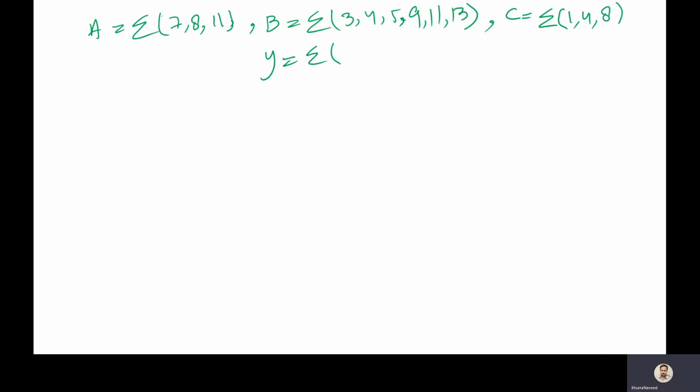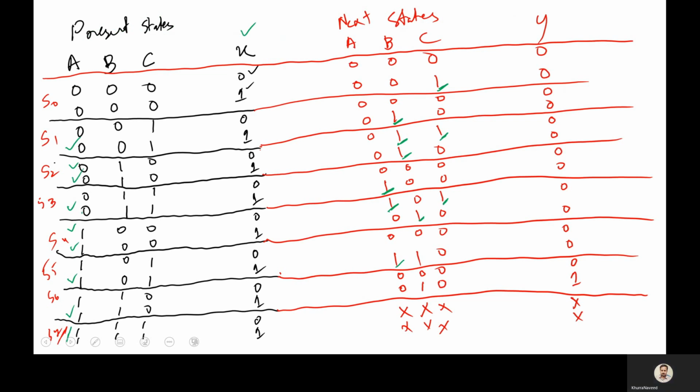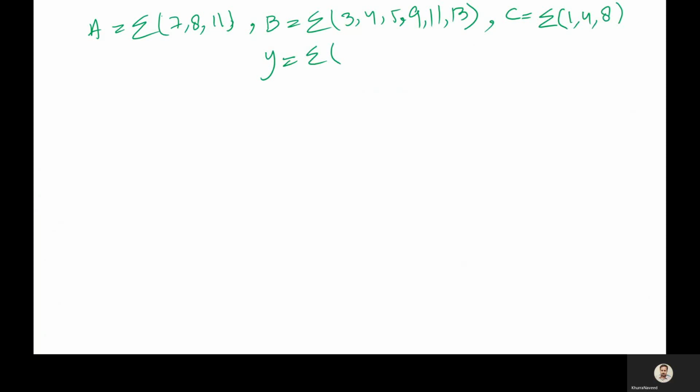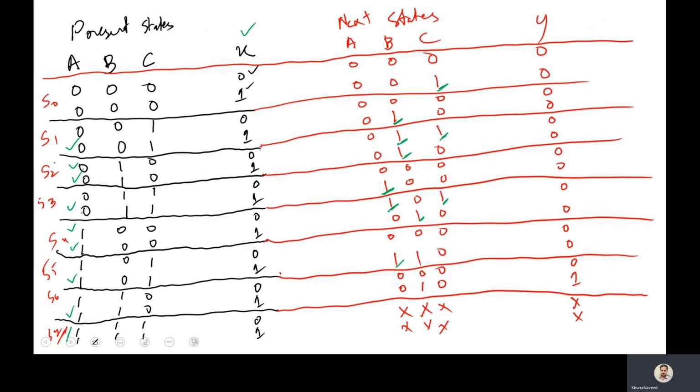And in Y, we have only one minterm, and that is 13. So maybe summation is not necessary. Let's write it as m13, where small m means minterm.